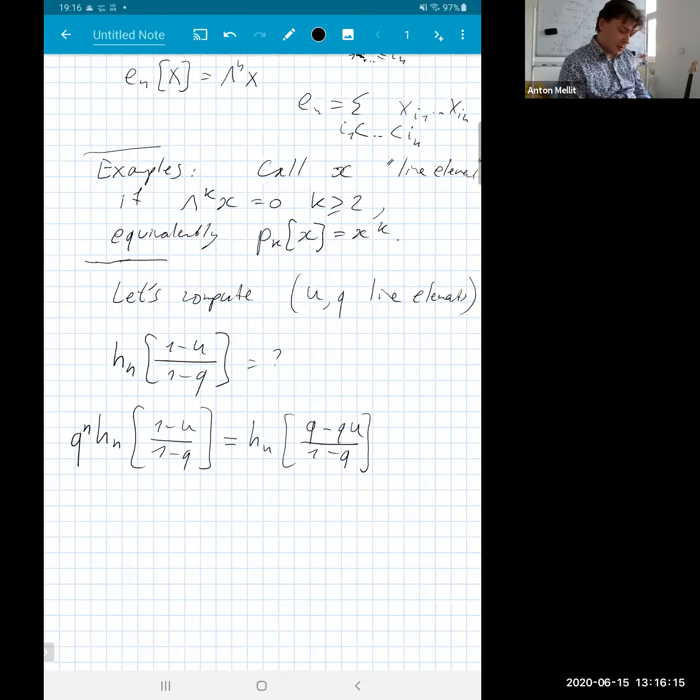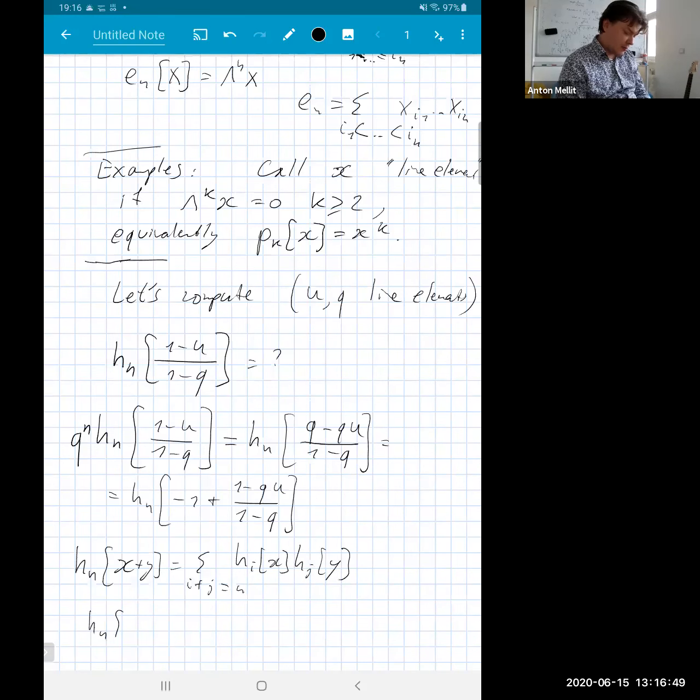Okay, now I want to rewrite it in terms of the original. So I get q minus 1, which is 1 plus 1 minus qu minus q. And then there are these formulas that h_n of x plus y is the sum over i plus j equals n of h_i of x, h_j of y, and h_n of minus x equals (minus 1) to the n e_n of x.